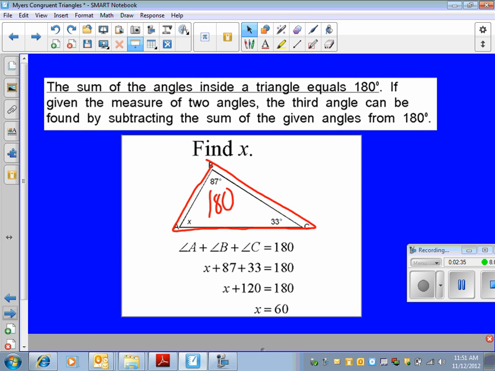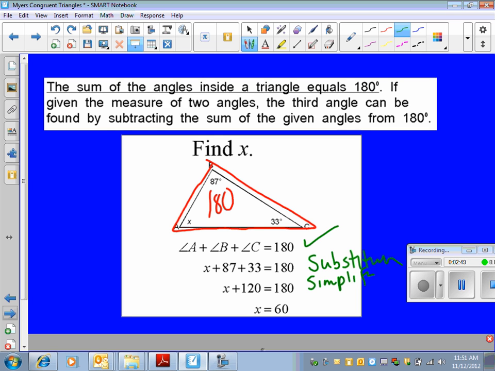Angle A, angle B, and angle C equals 180 degrees, because those are all the angles inside of a triangle. We come down here and we do something called substitution. And then we do something called simplify. Once we do all of that, and then we subtract, we find out that x is equal to 60. And actually this angle over here is equal to 60.